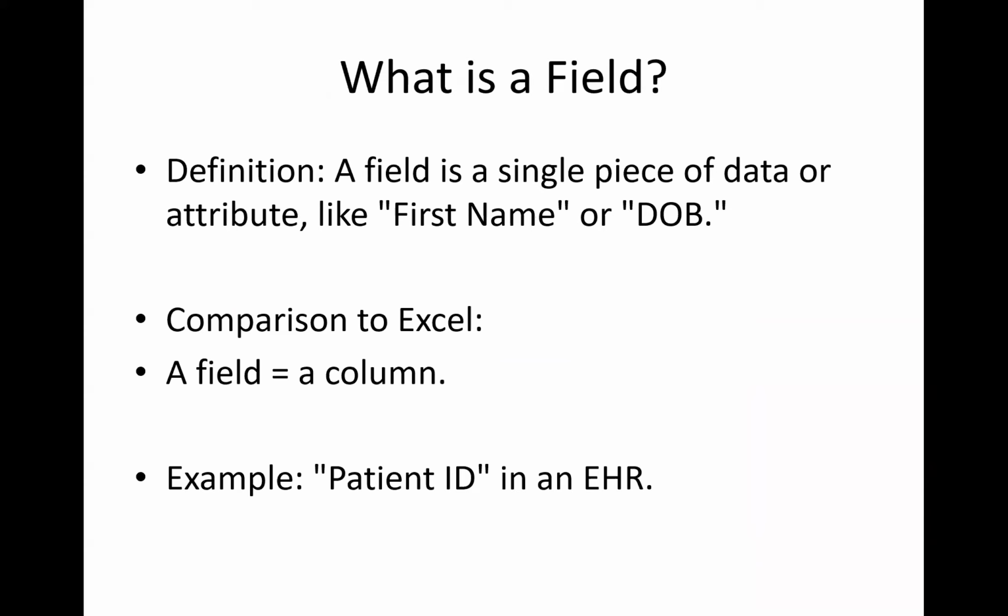So if we were looking at a patient table, it would be an attribute. All patients have a first name, they all have a date of birth. You can kind of think of this as being analogous to a column. So, an example, in an EHR system, we might have a patient ID.